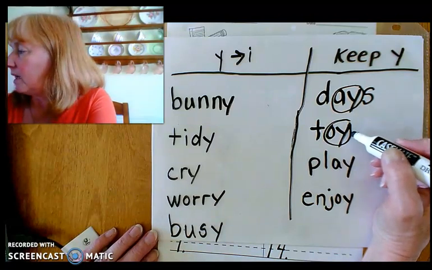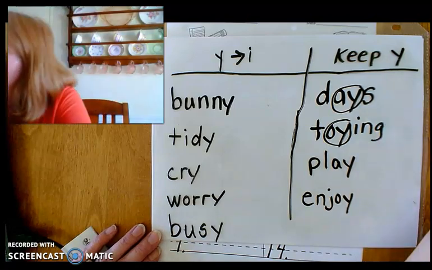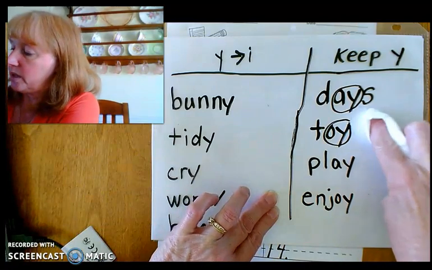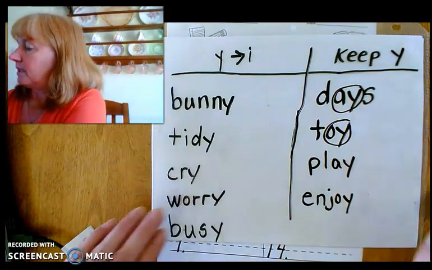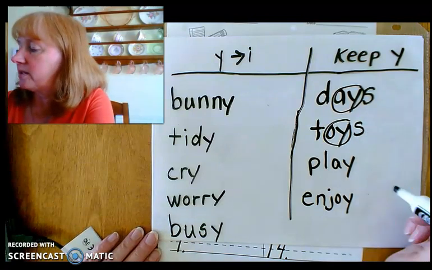We can say with toy, we can just add ing, toying. The cat was toying with the mouse before he ate it. Or toys, I have many toys.